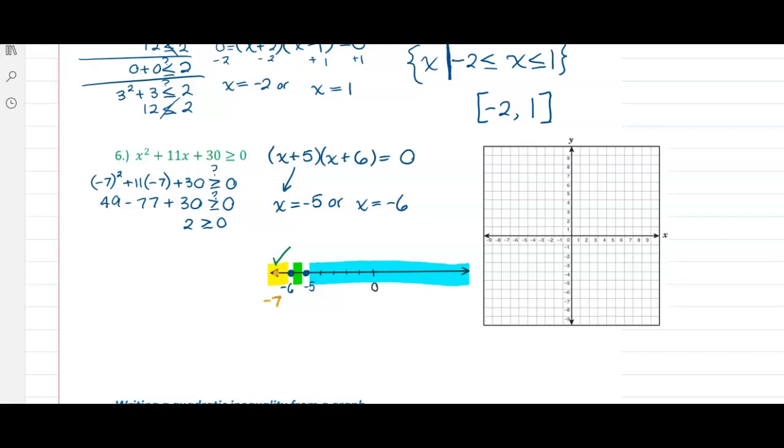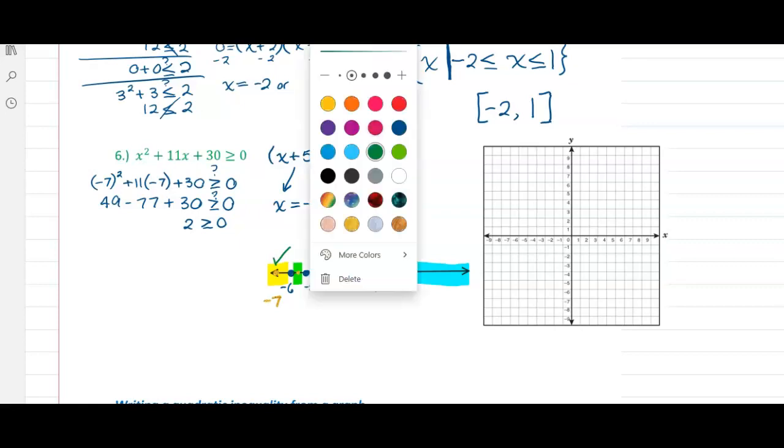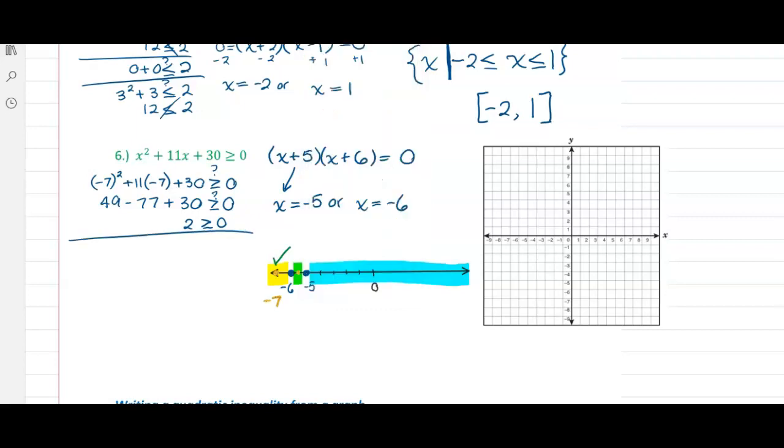Let's check a point in the middle. Now this gets tricky because we have to pick a fraction. But fractions are numbers too, or decimals. So next I'm going to pick the point -5.5. -5.5 squared plus 11 times -5.5 plus 30.